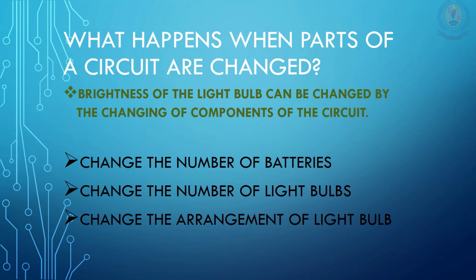They are: change the number of batteries, change the number of light bulbs and change the arrangement of light bulbs. Okay, let's go and see how the brightness of the light bulb can be changed by changing these components of the circuit.